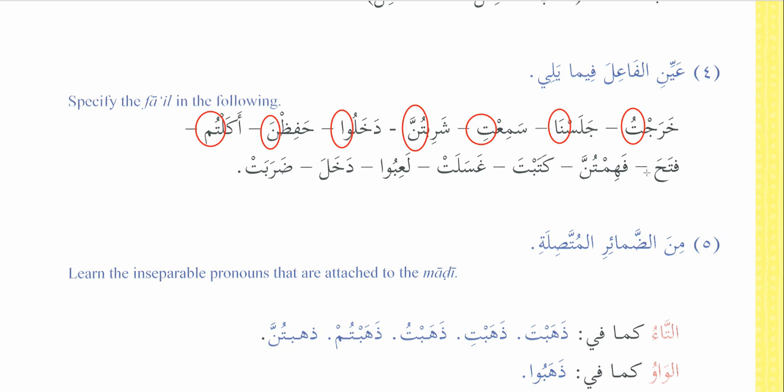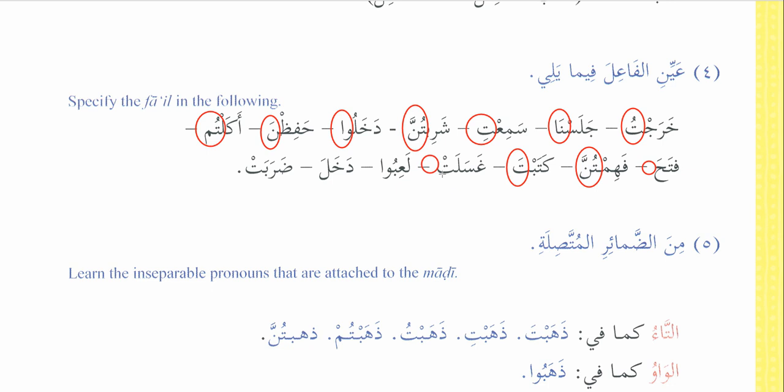Fataha, no damir here, so it is damir mustatir. Fahimtunna, the tunna, noon with shadda, tells you the feminine plurality in the mukhatib. The tunna is from the mukhatib, feminine plural. Katabta, from anta mukhatib. Ghasalat, so no pronoun attached. This is not a pronoun.